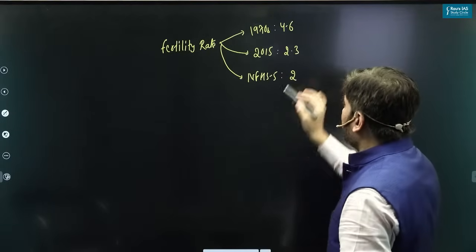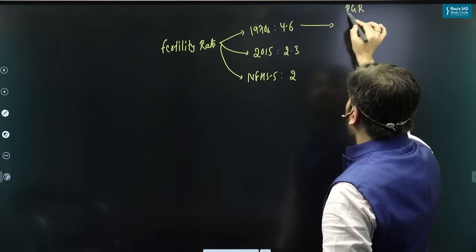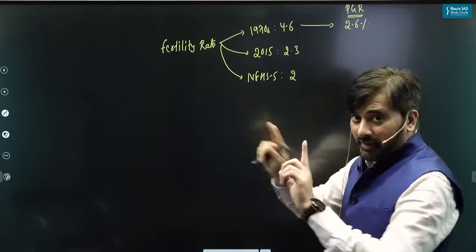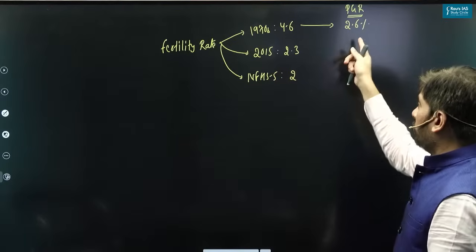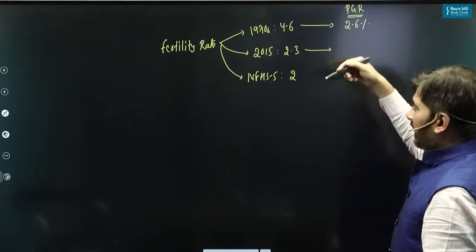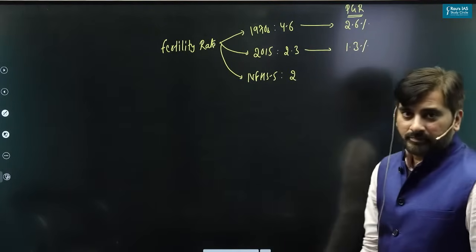Take for example, in 1970s, the decadal population growth rate was 2.6%. In 2015, that decadal population growth rate got reduced to 1.3.